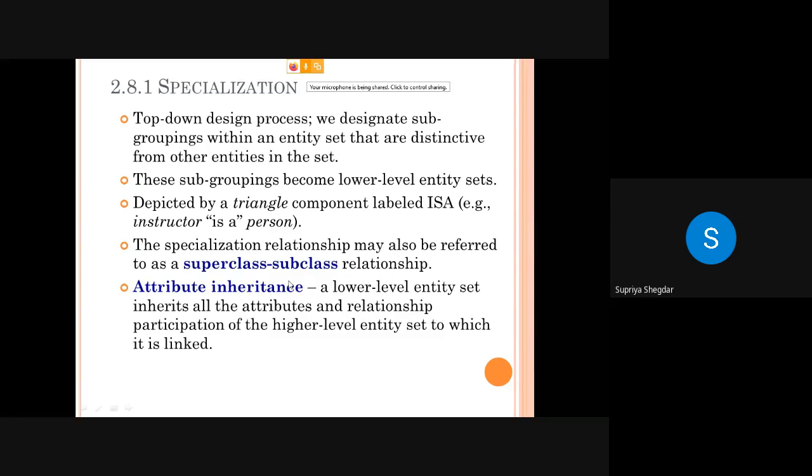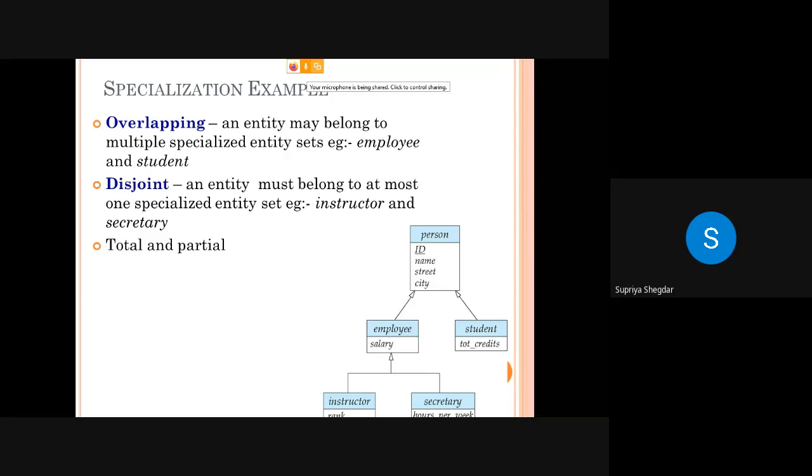So the attribute inheritance means what? We can use the attributes of the higher level entity set or attributes of the higher class into the lower level entity set. It is the example of the specialization.